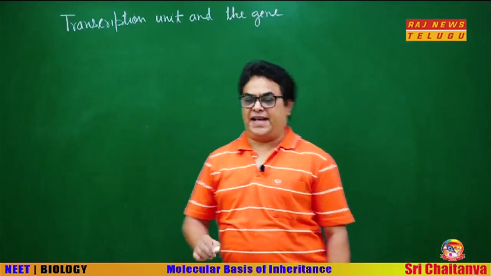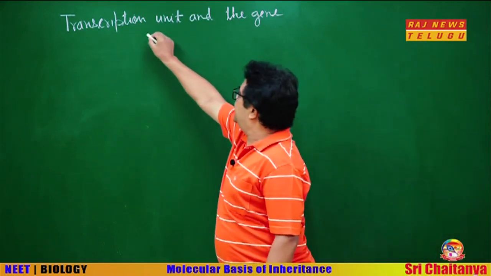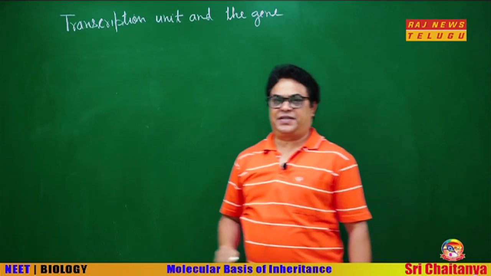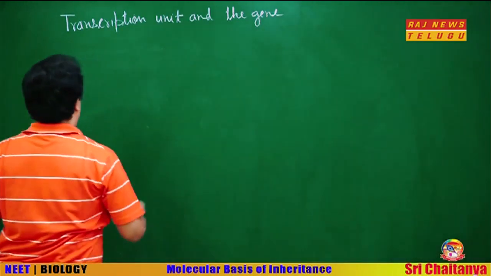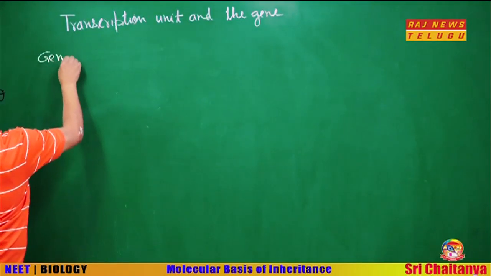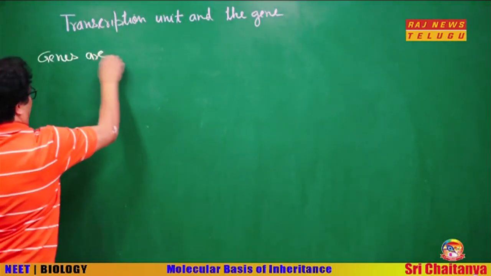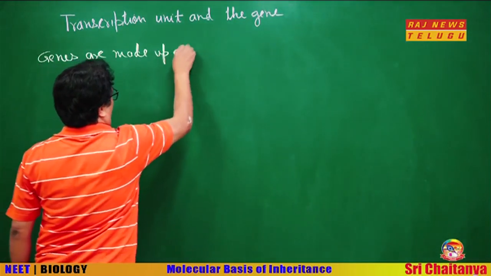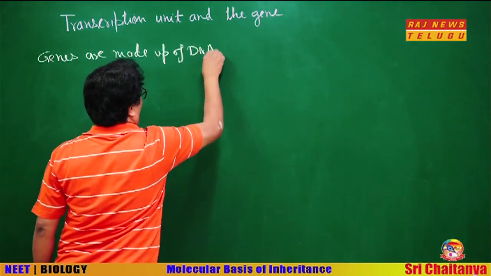Now, students, next very important thing, transcription unit and the gene. Okay, let us try to understand this. We say that genes are made up of DNA.